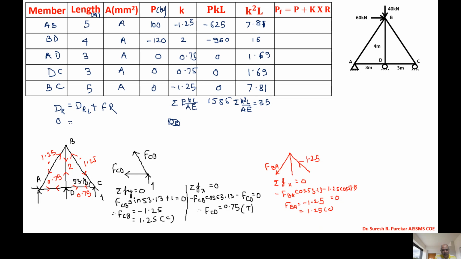Putting in the values, we have minus 1585 plus 35 into r, and from this we get the value of r, which is 45.29 kilonewtons.